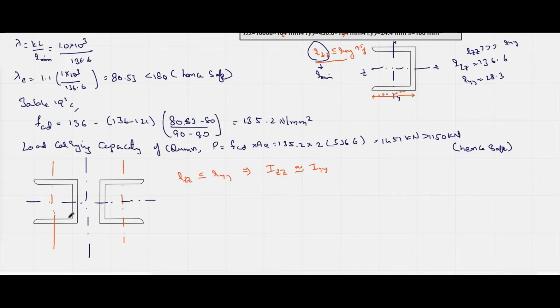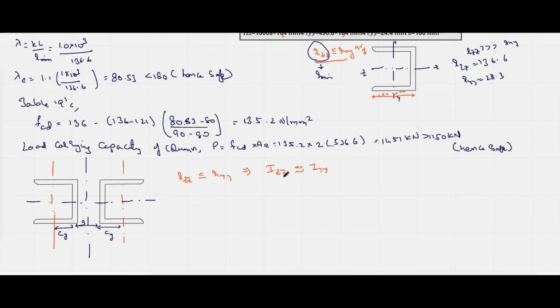So let us assume the spacing between these two sections as S, and this is our centroidal distance CY.